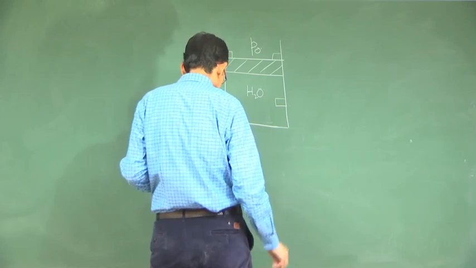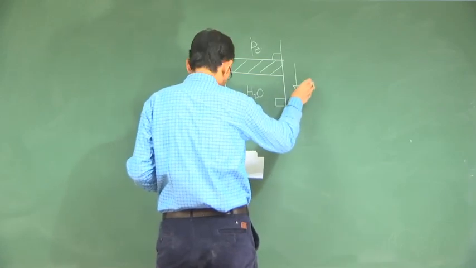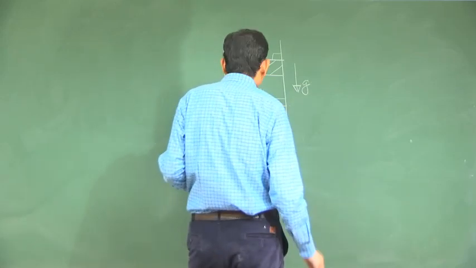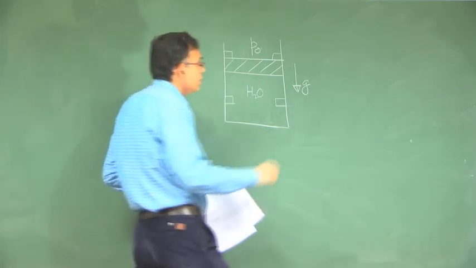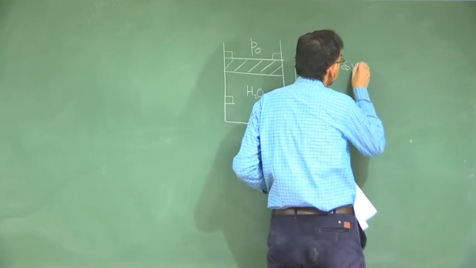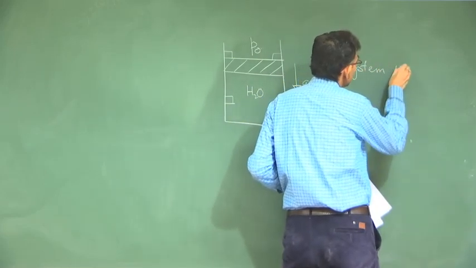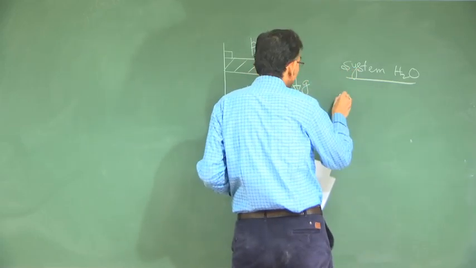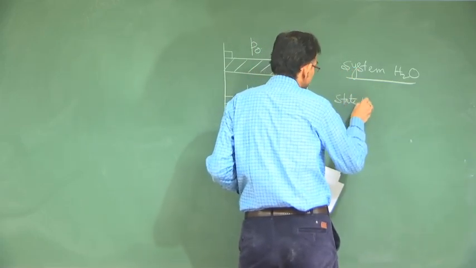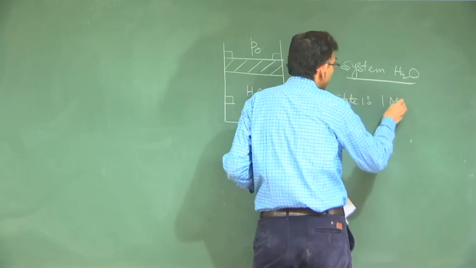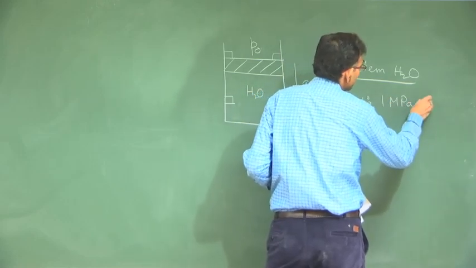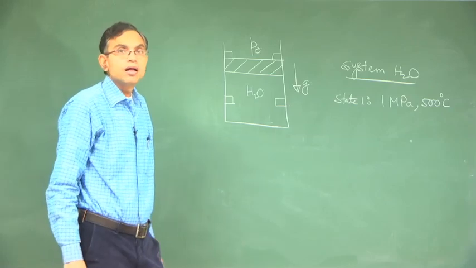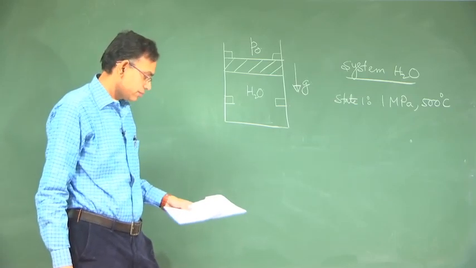This is the gravity direction. So, the system is water, state 1, 1 MPa, 500 degrees centigrade.